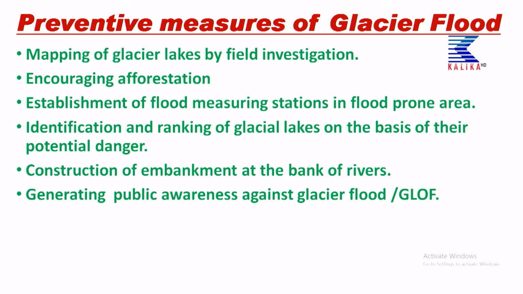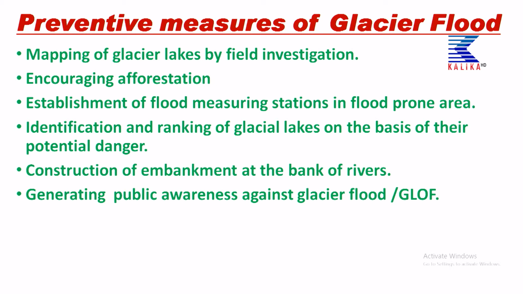If some of the lakes are in a dangerous condition, we need to drain the excess water so that the water gets drained slowly and does not cause harm to people. If some people are living down there and they are in excessive danger or threatened condition, they need to be shifted to a safe place ASAP.